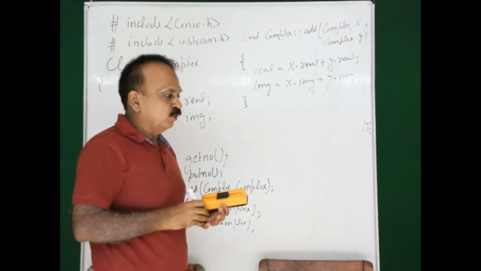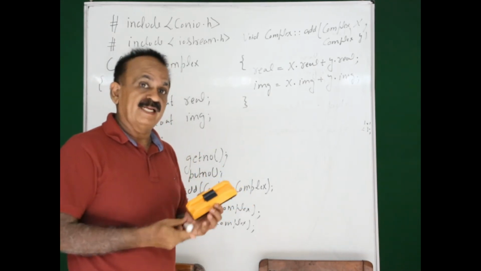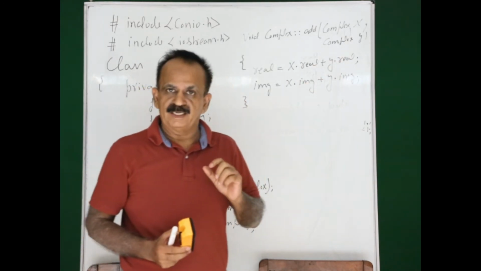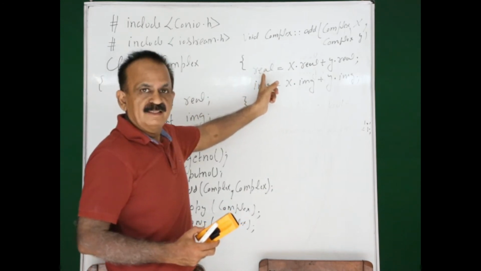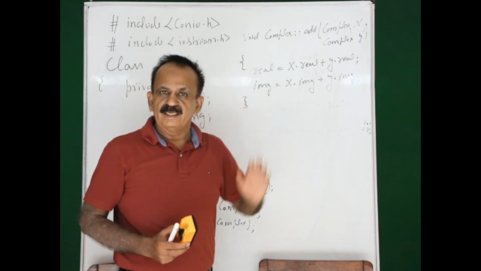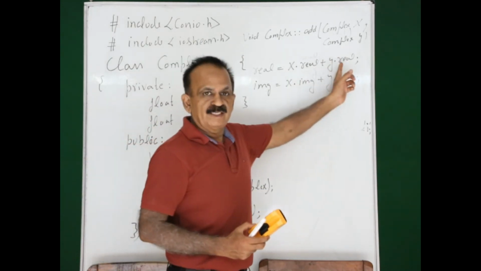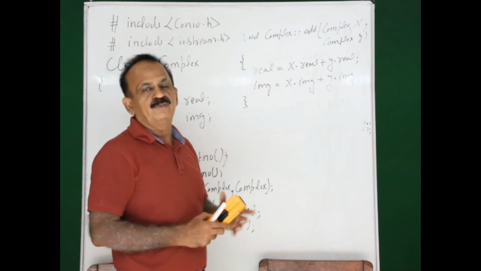Interestingly, I used x.real, indicating the real part of object x. I used y.real, the real part of object y. I did not use anything with this. When I am not using anything, it refers to the calling object. That means x and y objects will be added and the result will be stored in this calling object.